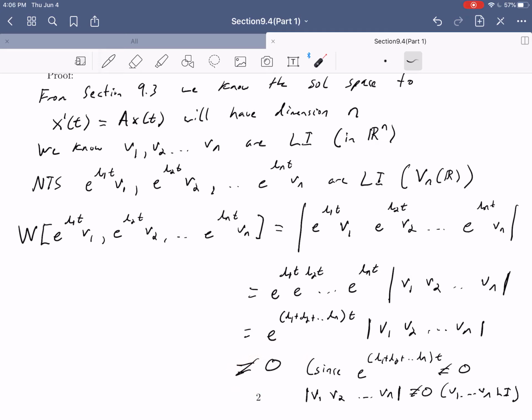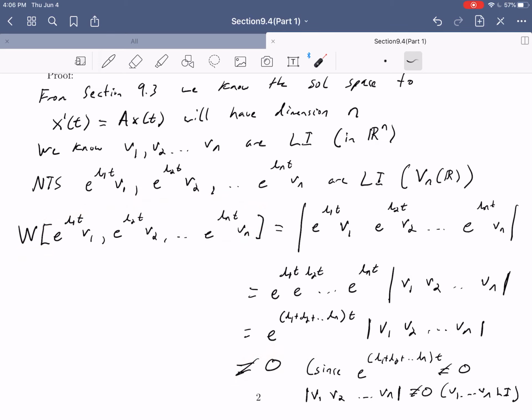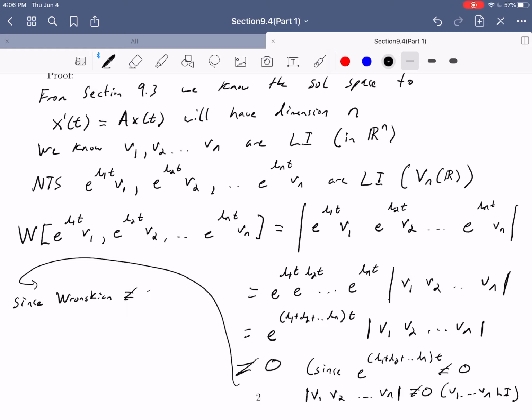From our previous work in section 9.3, we know that if the Wronskian is non-zero, that tells us these functions are linearly independent in Vn(R), and there we go. I'm just going to tuck this in here, even though it's a little bit weird, just so we don't move on to a different page. Since the Wronskian is not equal to 0, the vector functions are linearly independent.